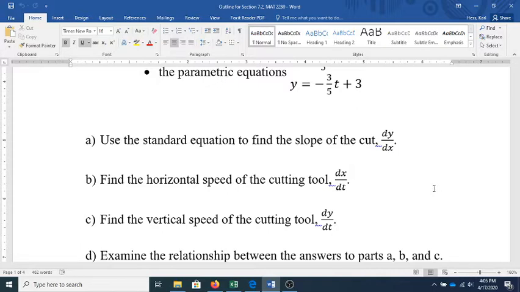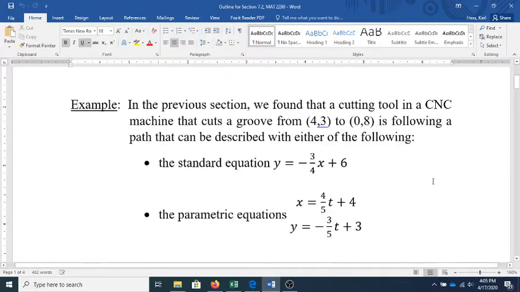First though, I need to get the slope of our cut, and that's best done using our standard equation that had just x and y, because as you learned in Calc 1, the slope of a curve described with x as the horizontal variable and y as the vertical variable is just dy/dx, the derivative of y with respect to x.